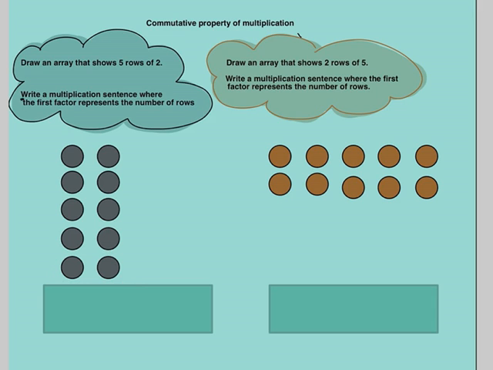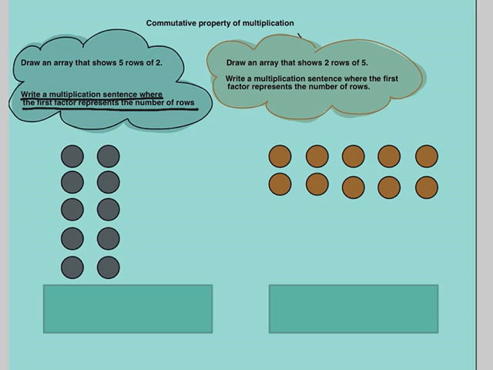What we have to do now is write a multiplication sentence where the first factor represents the number of rows. We have to write a multiplication equation, and the multiplication equation will have 2 factors. And the first factor has to represent the number of rows.